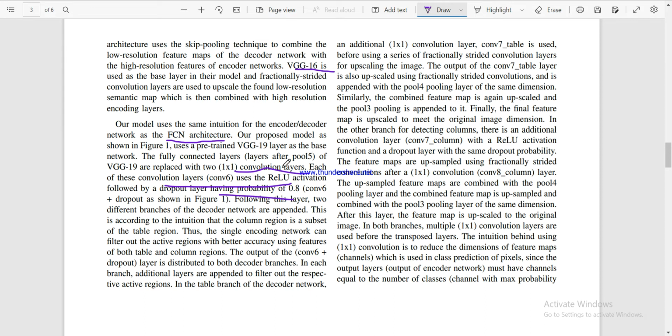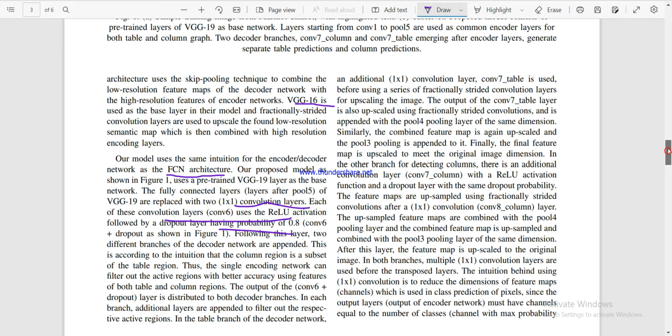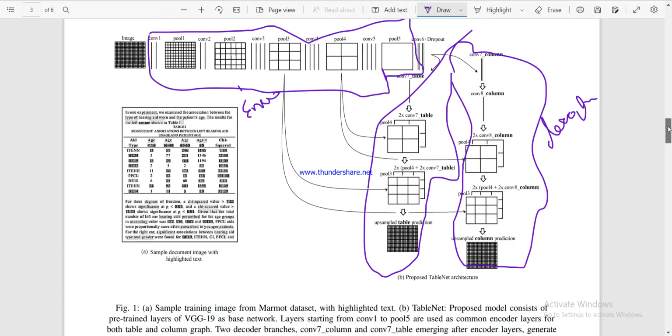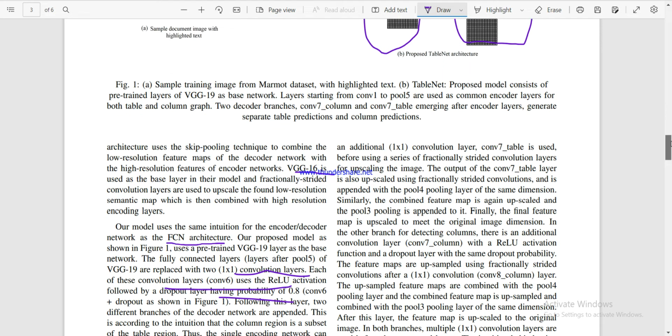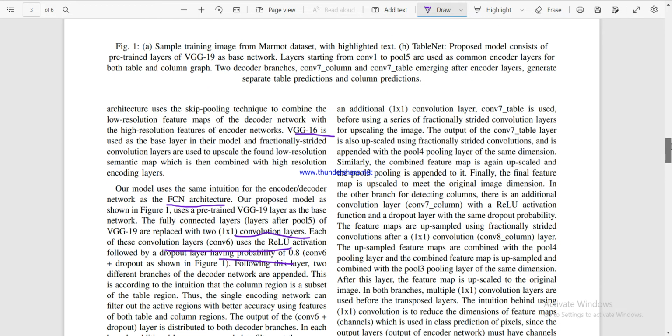The fully connected layers after pool 5 of VGG19 are replaced with two 1-into-1 convolution layers.